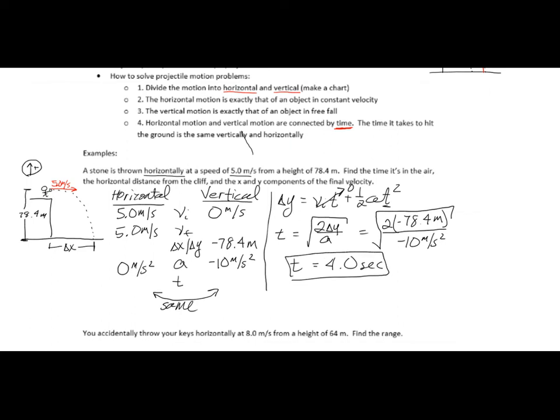So there's how long it takes for the rock to hit the ground. And we place that over on both of these. All right, now over here we have enough to solve for delta x. All right, so we'll do that.